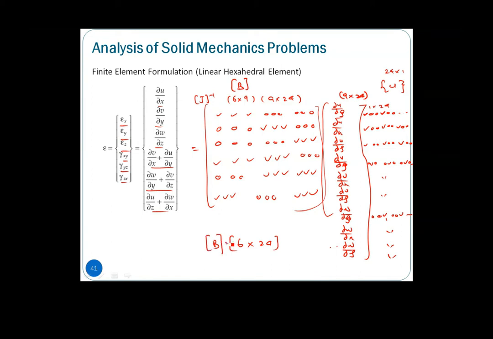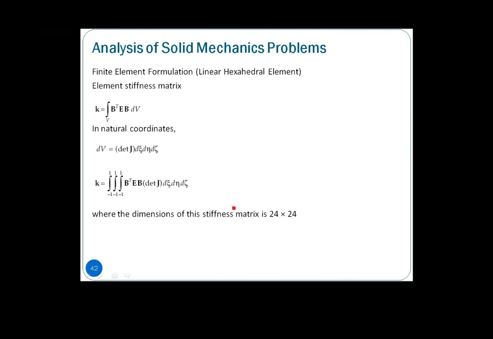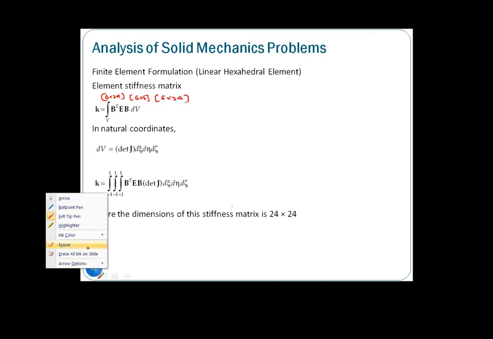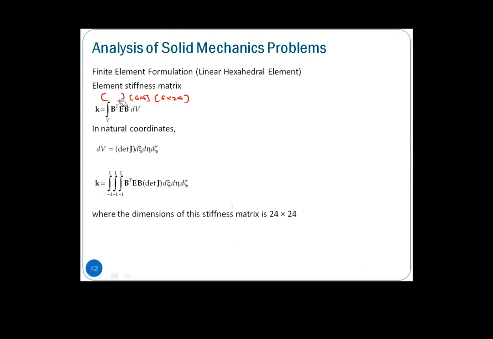Then, if you have this 6 times 24 B, our E here is referring to 6 times 6. And 6 times 24, this is 24 times 6 transposed. Then in the end we have our stiffness matrix as a 24 times 24 matrix.